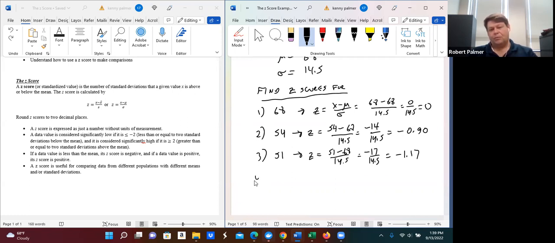Let's do one more. This time, let's do 94. Now, this is above the mean, so we expect it to be positive. It also looks like it's pretty far above the mean, so we expect maybe even a value greater than 2. Let's see. So once again, plug this in as our x. 94 minus 68 over 14.5.